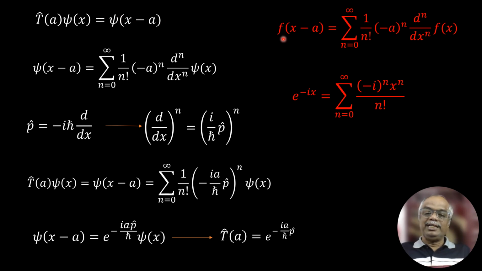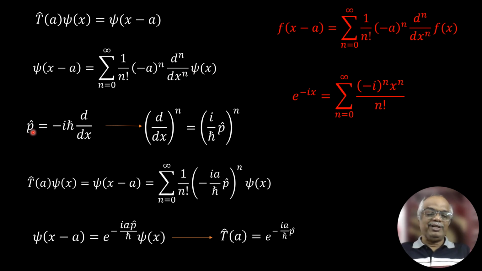From the Taylor series, f of x minus a can be written as the summation over n equal to 0 to infinity of 1 over n factorial times minus a to the power n, d^n over dx^n of f of x. The same thing you replace for psi of x minus a, so from the Taylor series this is the summation of 1 over n factorial, minus a to the power n, d^n over dx^n, psi of x.